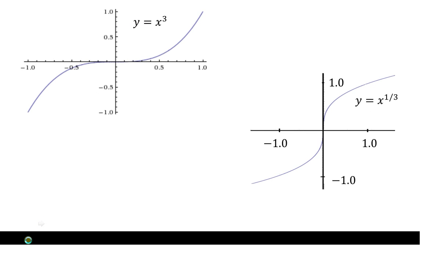Now, I want to show you these two examples to show you that if the first derivative of a function is 0 at a point, it's not necessarily a relative min or max. And these are just two examples that illustrate that. Here, y prime is equal to 3x squared.